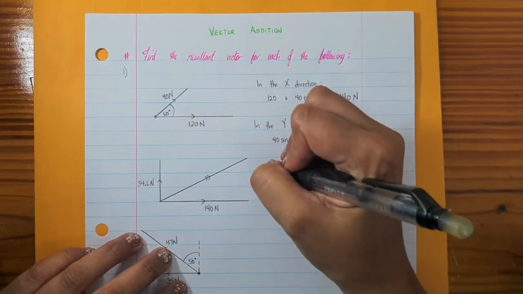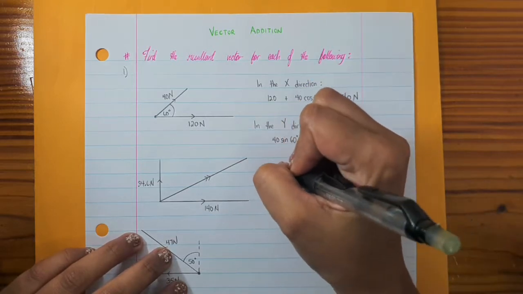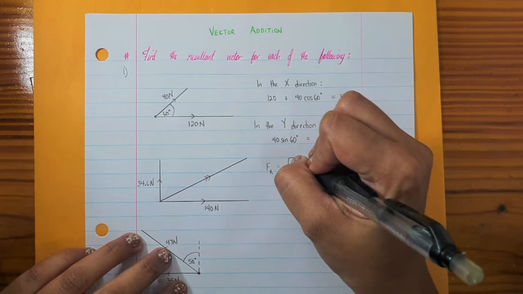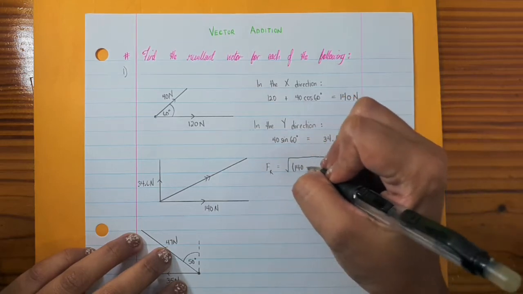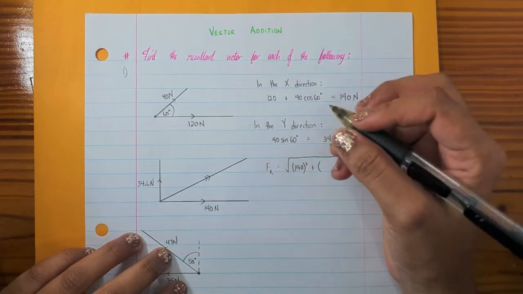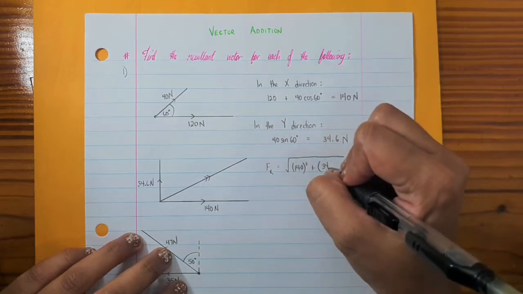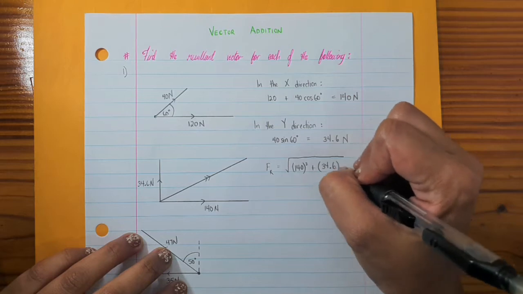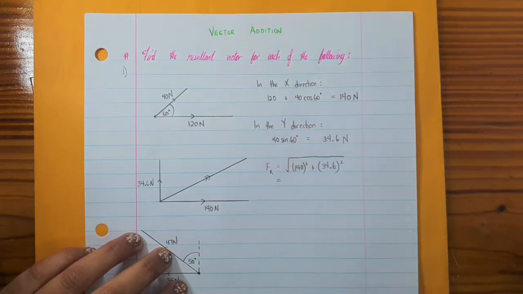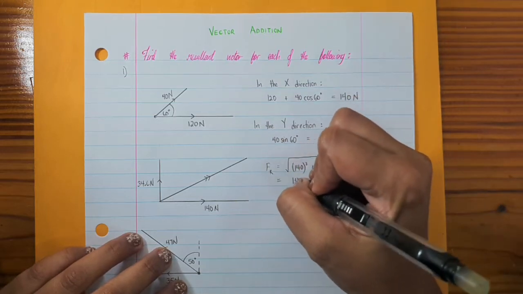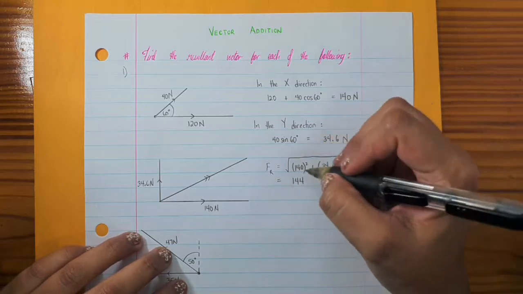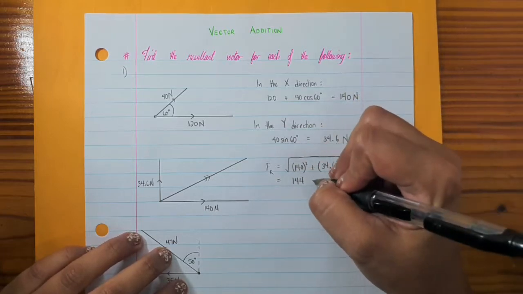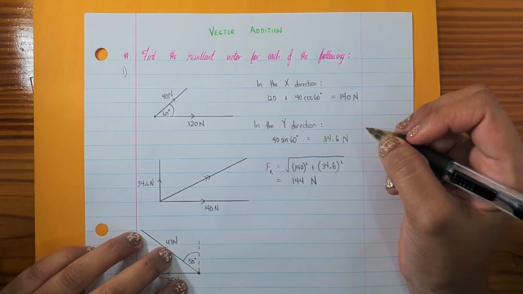So the resultant is the square root of 140 squared plus 34.6 all squared. That is 144.2, but I'll just leave it as 144 since that's three significant figures, newtons.